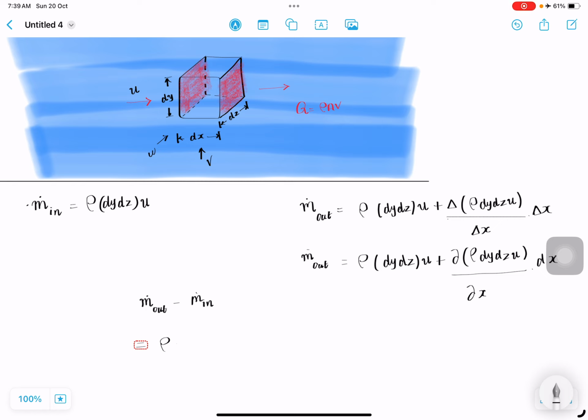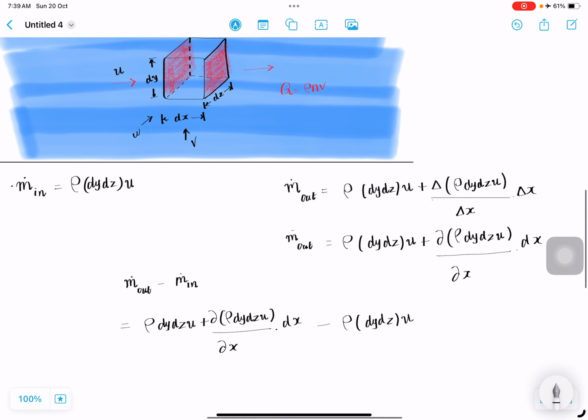It is going to be rho into dy into dz into u plus dou of rho into dy into dz into u divided by dou x into dx. That is the quantity of fluid that is coming out, minus the quantity of fluid that is coming in, given by rho into dy into dz into u. So that is the net quantity of fluid going out minus coming in along the x direction.